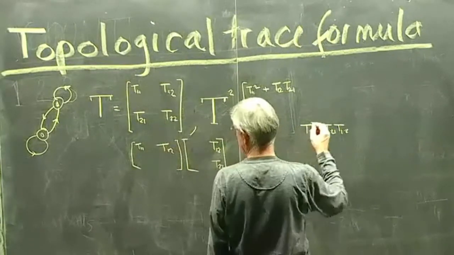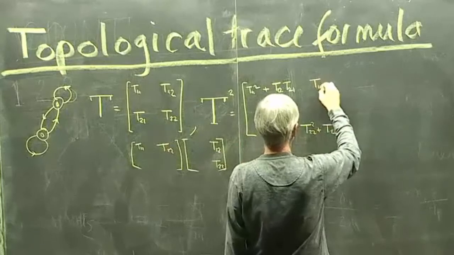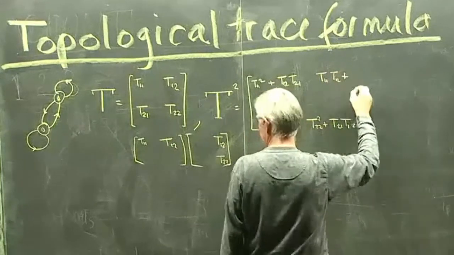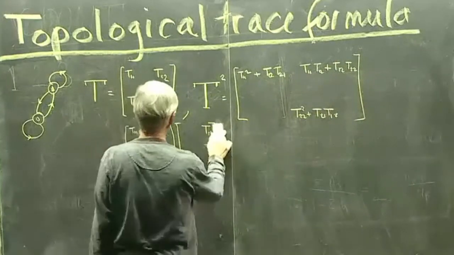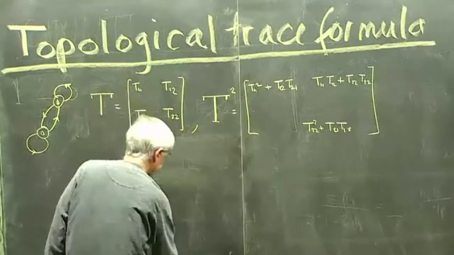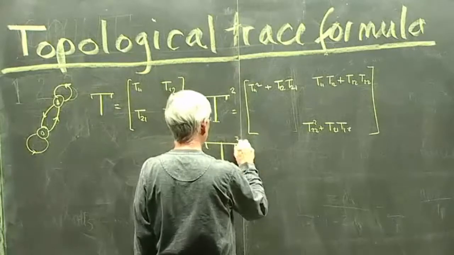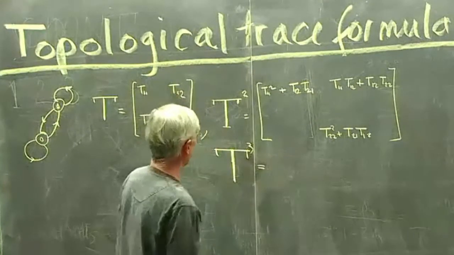I get things like t11, t12. Now let's multiply this one more time. So what happens? 3 steps forward in time.